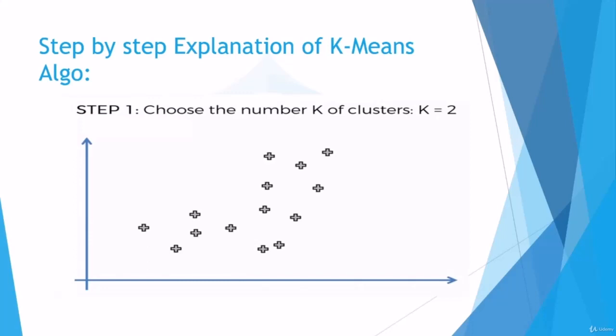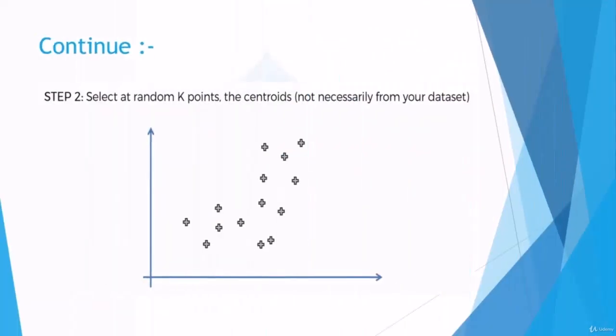Step number one is to choose the number k of clusters, and here we are taking k equal to 2. This is an arbitrary number. You can choose as many clusters as you want. After this, step 2: select at random k points, the centroids.